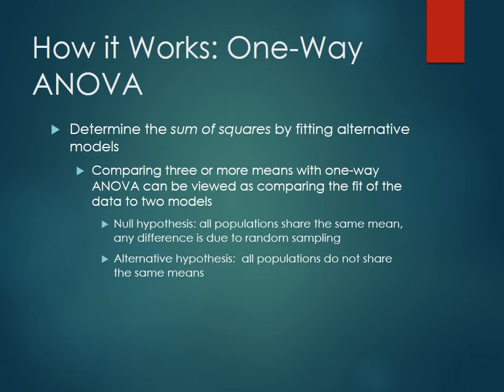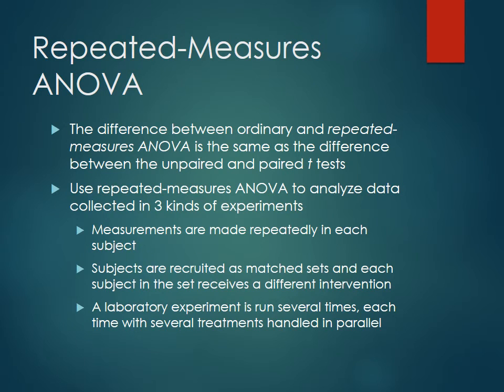The null hypothesis is that all the populations share the same mean, and any difference is just due to random sampling. The alternative is that all populations do not share the same mean. So that's what you're testing with a one-way ANOVA: do all three of these groups have the same mean, versus they don't.